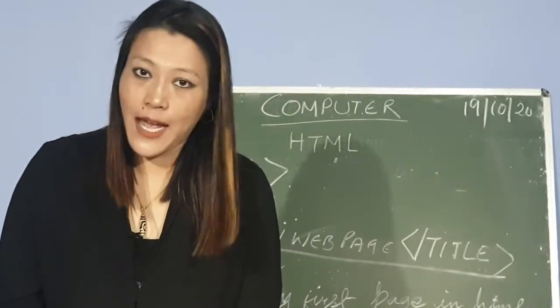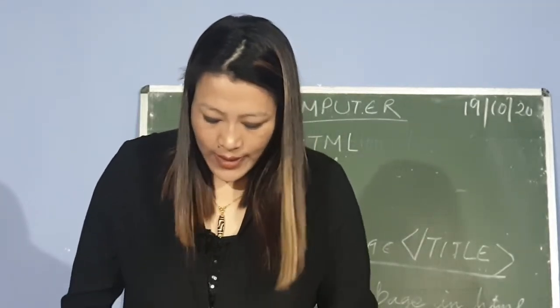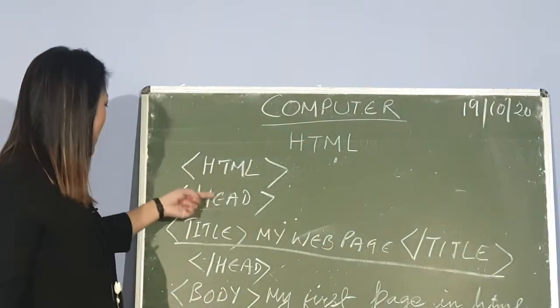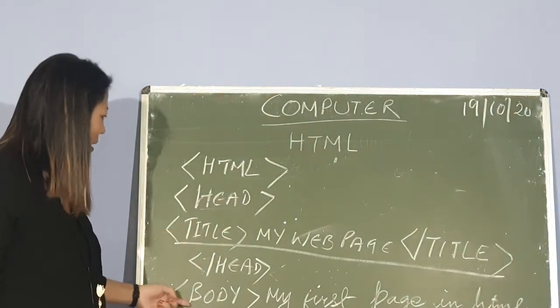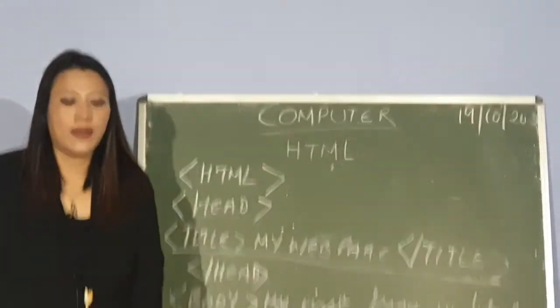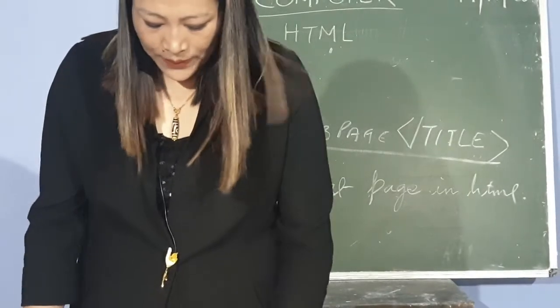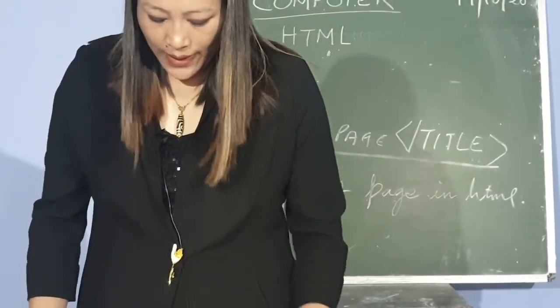So there are two types of tags, container and empty tags. As I told you, all these are container tags, and the tags without the closing slash are known as the empty tags. Okay. Now see, the tag which has both the opening and closing.